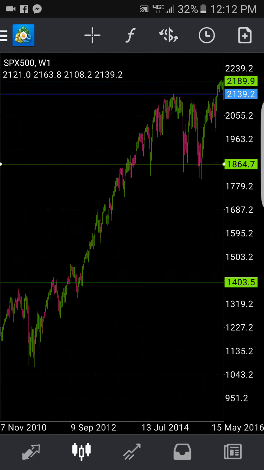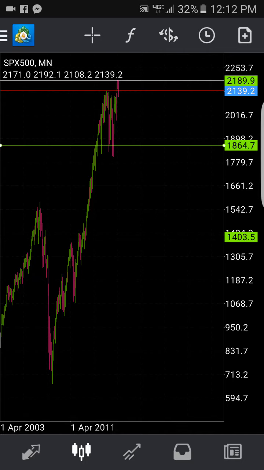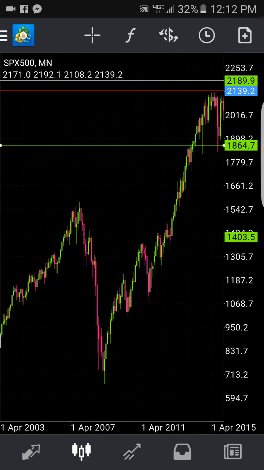So now that I have that marked up, I look at it back on the monthly, and look at this. This huge move is more than 50% of the market, you guys. So I expect this to go back up to the 2189 at the top to clear the upper gap, possibly pass it a little bit more as a stop hunt, for you guys who use that term, or just a false move from the market manipulation, and then come crashing to the 1400.